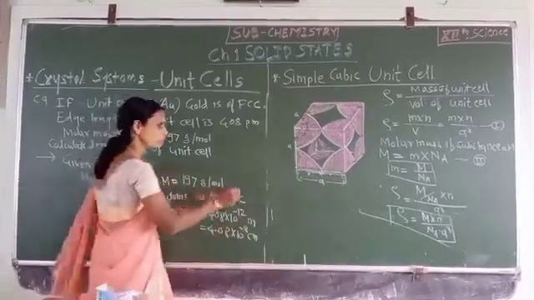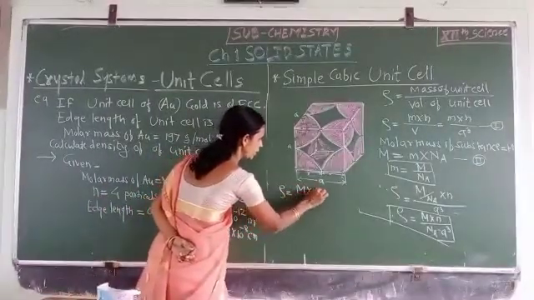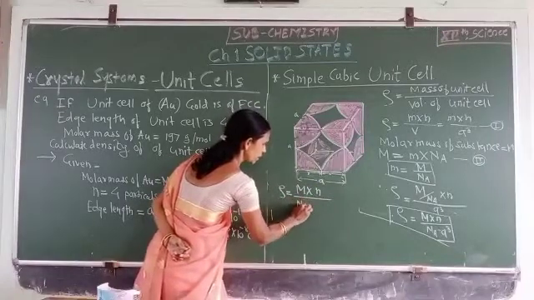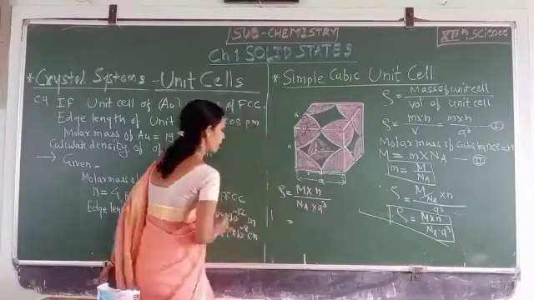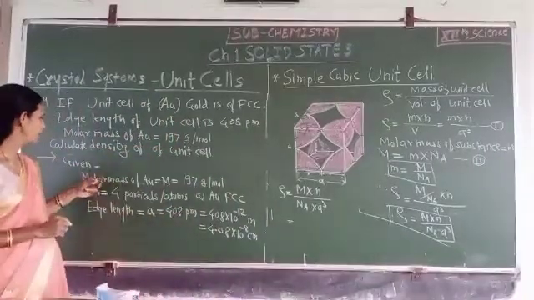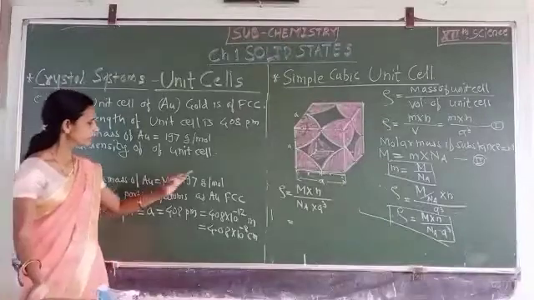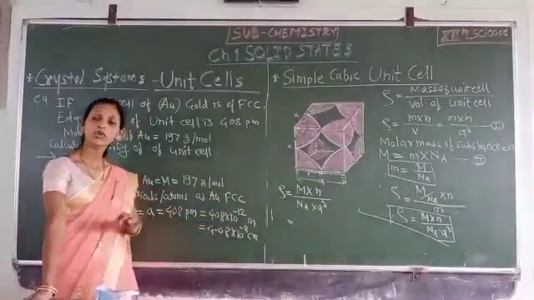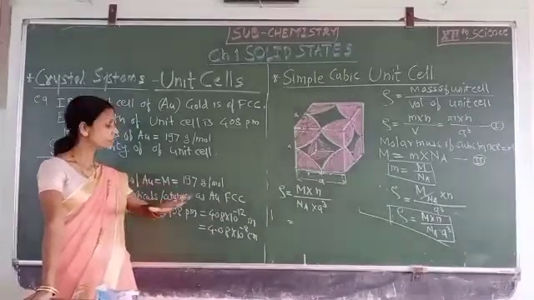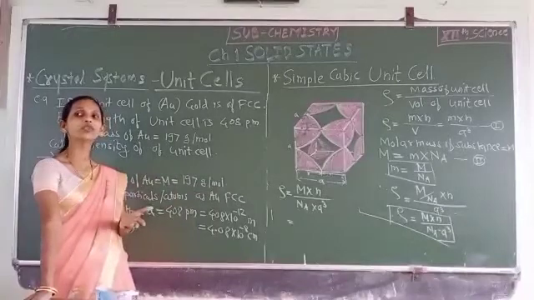Then use the formula rho is equal to M into n upon Na into A cube. A precaution should be taken that the units of all parameters should be in the same system, that is, either in the SI system or in the CGS system.